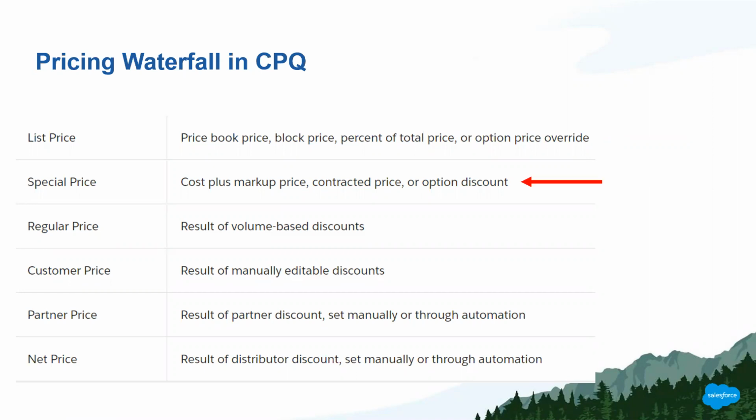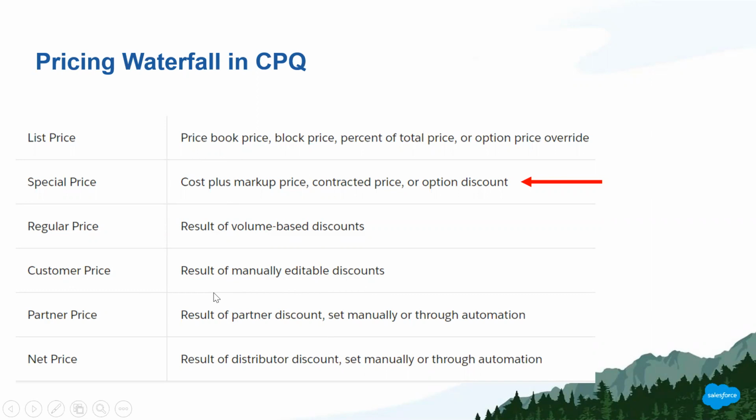And then you have the special price, which is the list price minus cost plus markup, or contracted price, or option discount. And the list goes on by applying discounts. So regular price is the result of the special price minus volume-based discount, and customer price is the regular price minus manually editable discounts.